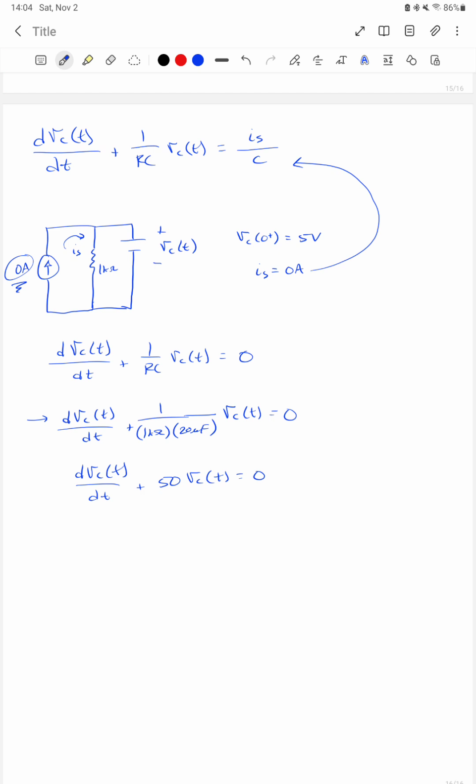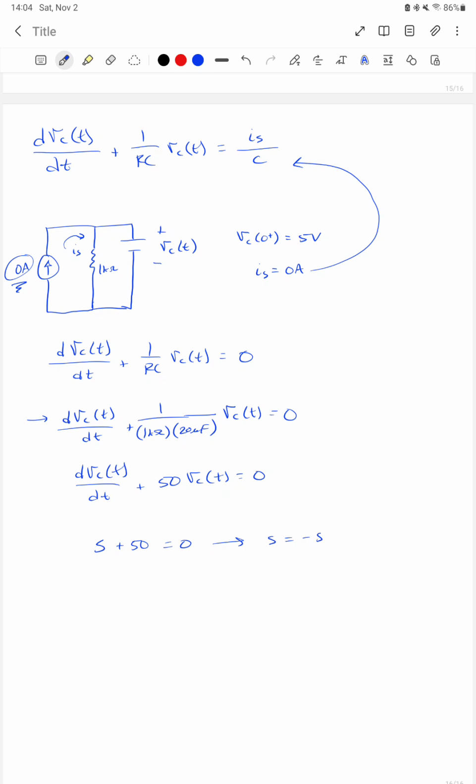And so now our goal is to do the solution portion of this. You only have one order, which means this is just going to be an S. The S squared is when you have the d squared Vc over dt squared. So this is just going to be one S since it's only one order, plus 50 is equal to 0.